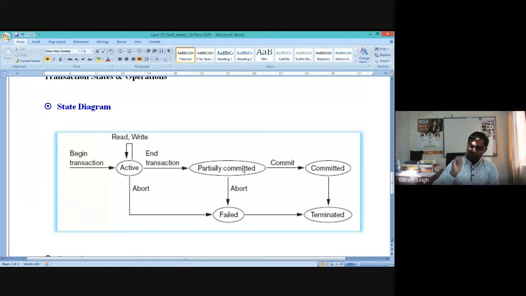Once you submit, okay, 5,000 should be transferred, your transaction goes from the active state to partially committed, because whatever changes you have requested on your amount detail, whatever number of tickets you have requested, that change has been partially completed, and it will go to the next stage, which is called commit. Commit means it is permanently deducted.